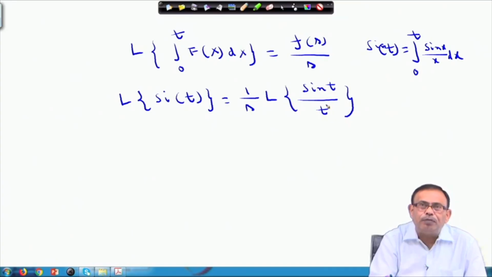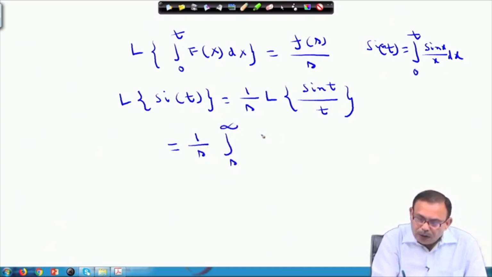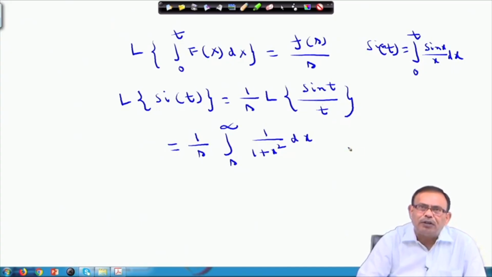The only thing I have to do is evaluate the Laplace transform of sin t by t, and this I can write as 1 by s times the integral from s to infinity of 1 by x square plus 1 dx. Using the division theorem, that means divided by t, if I know the Laplace transform of a function, then the Laplace transform of the function divided by t will be the integral from s to infinity of its Laplace transform.